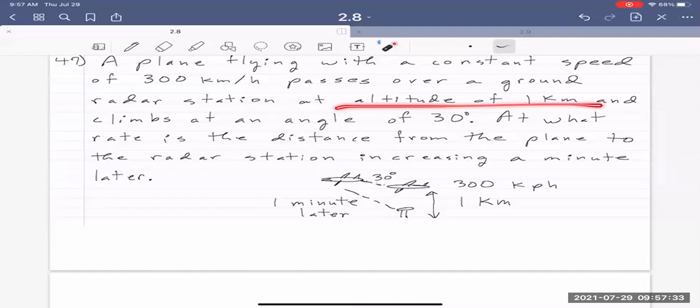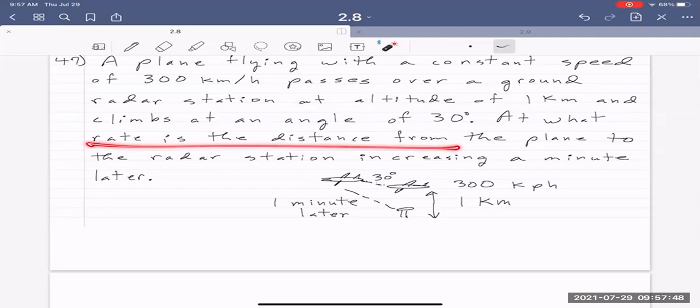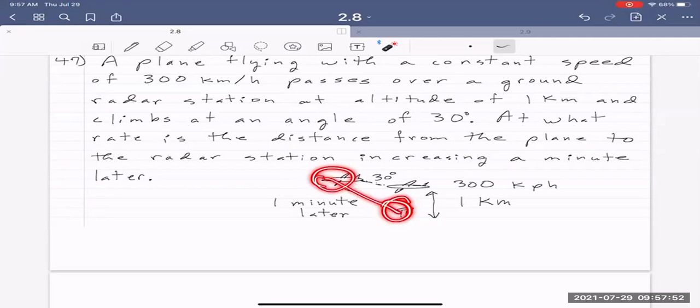We are at an altitude of 1 kilometer above the radar station. And we climb at 30 degrees. We want to figure out the rate that the distance from the plane to the radar station is changing after 1 minute.